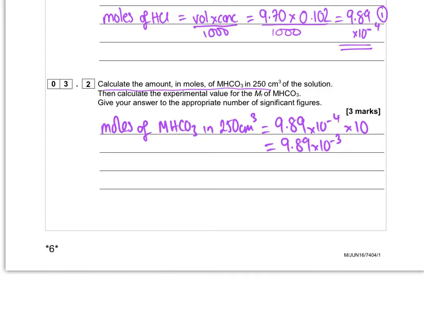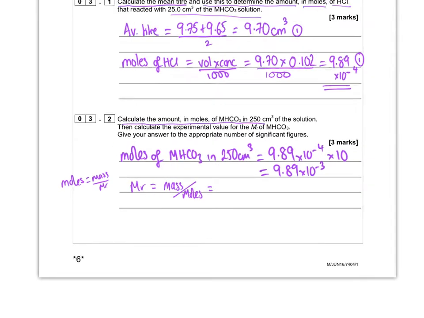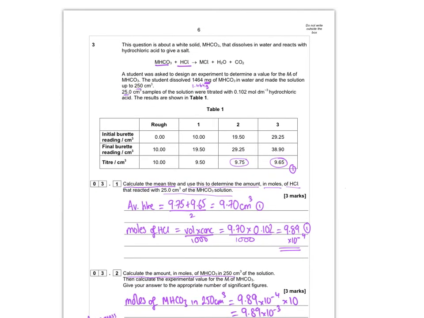So the relationship is going to be moles equals mass over MR. And I'm trying to work out the MR. So this is going to be mass divided by moles. And I need to go back to the question to find out what mass was used.